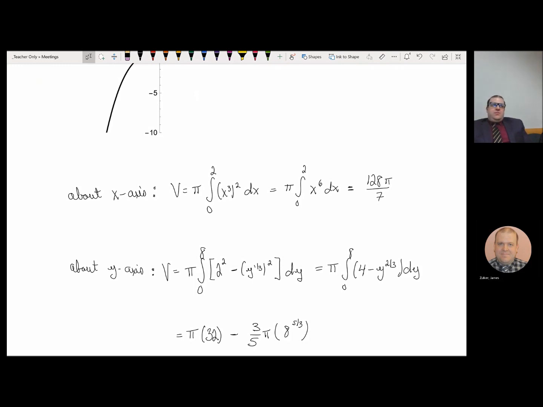If you rotate along a vertical axis, that's a y-axis, then you're integrating with respect to y, which means everything needs to be written as a function of y. It's actually very easy to remember. Rotate about an x-axis with respect to x. Whatever axis you're rotating with respect to, that's what you're integrating with respect to.